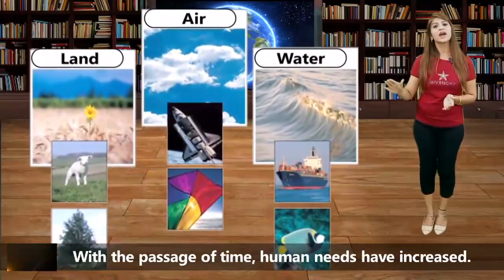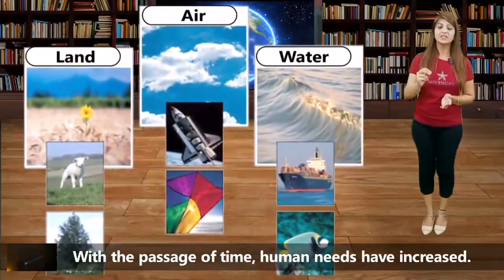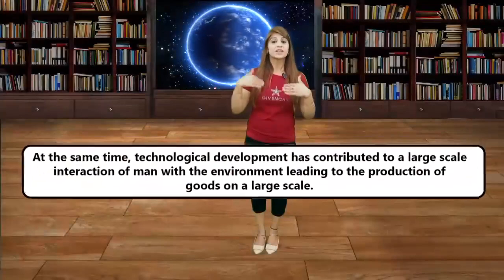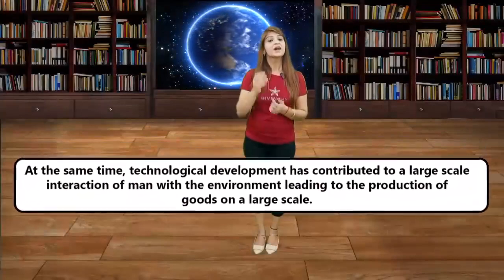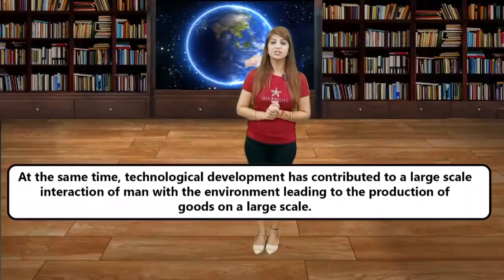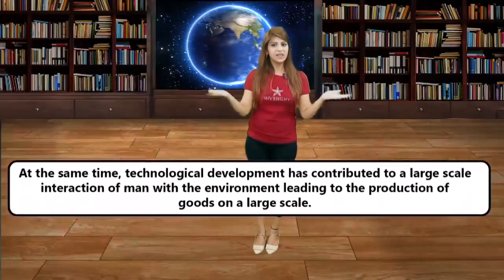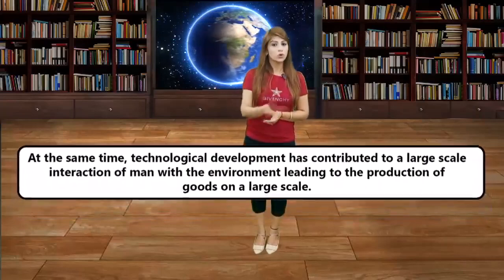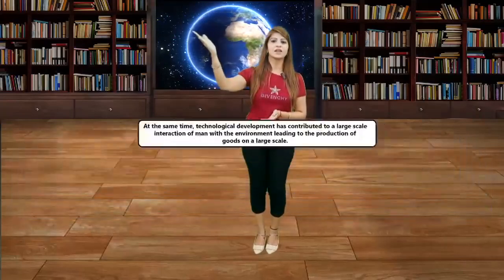With the passage of time, human needs have increased. At the same time, technological development has contributed to a large-scale interaction of man with the environment, leading to the production of goods on a large scale.